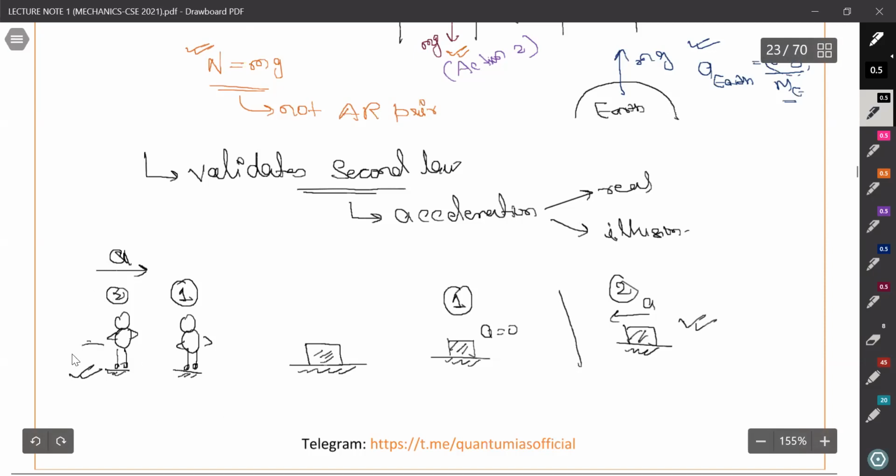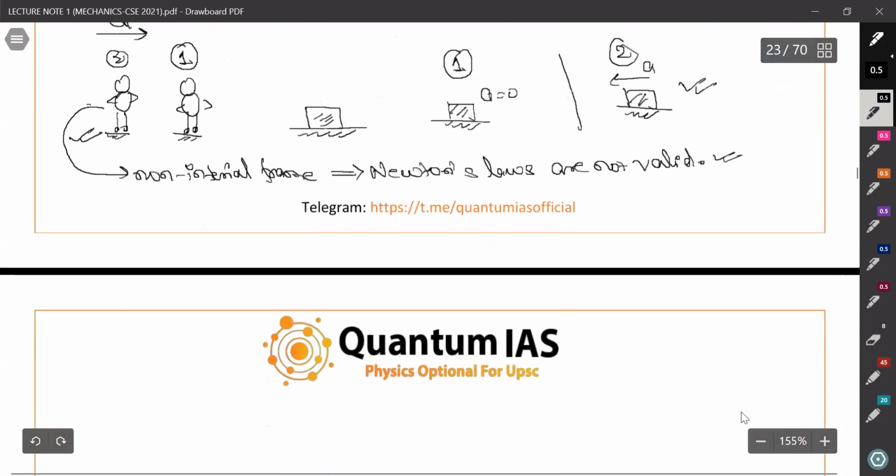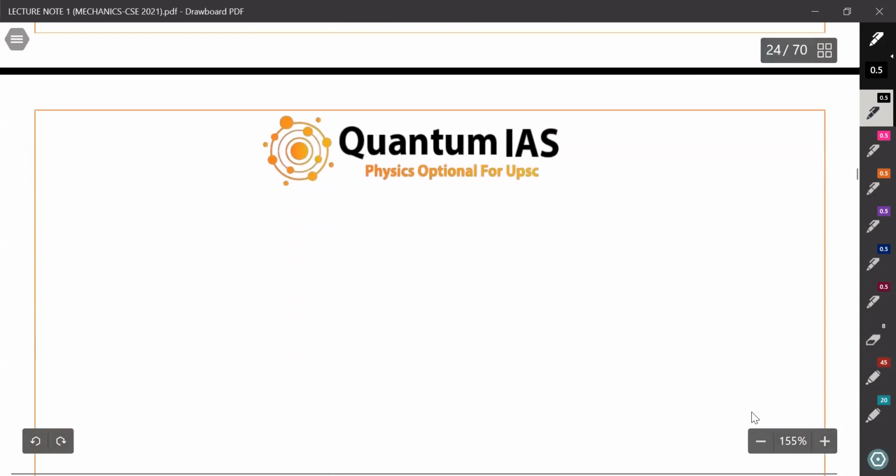So this is a non-inertial frame, and we say that Newton's laws are not valid. We use pseudo force, a mathematical correction factor, to handle this. So we also discuss the pseudo force here.